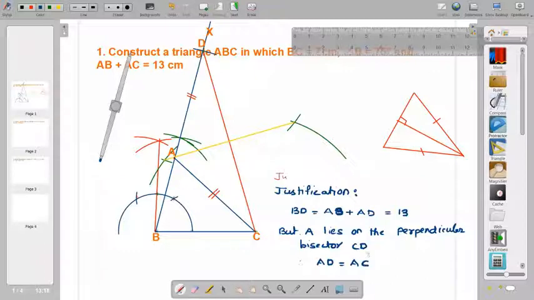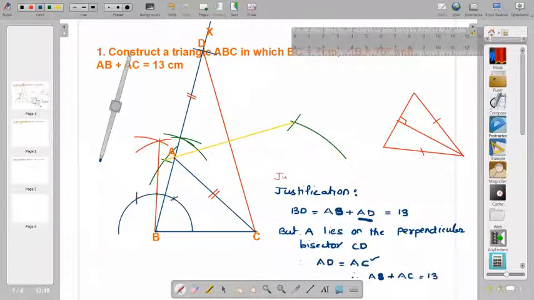This is from the property. Which property? In an isosceles triangle, the perpendicular bisector divides the base, and the converse of it. So now we have written AB plus AD equals 13. Therefore, we can rewrite the statement like this: AB plus, instead of AD, we can write AC. Therefore, AB plus AC equals how much?